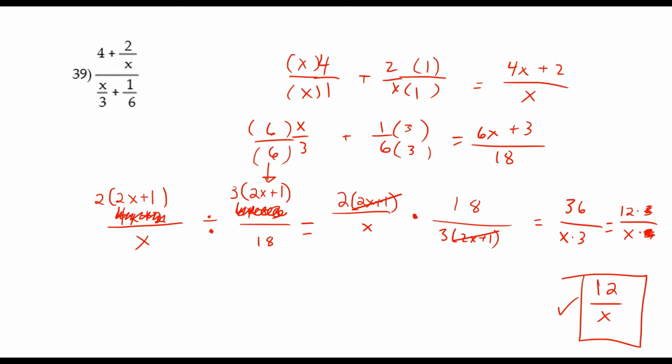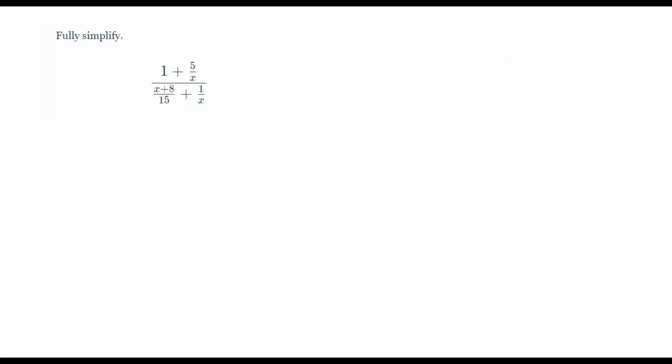Alright, so now let's look at some examples that are going to be on Delta Math. Here we have the problem. Fully simplify 1 plus 5 divided by x, and then division, x plus 8 divided by 15 plus 1 divided by x. So this is similar to the second problem. This is what I'm going to do. I'm going to take the top of the fraction, 1 plus 5 divided by x, and change it so that the 1 is a fraction.